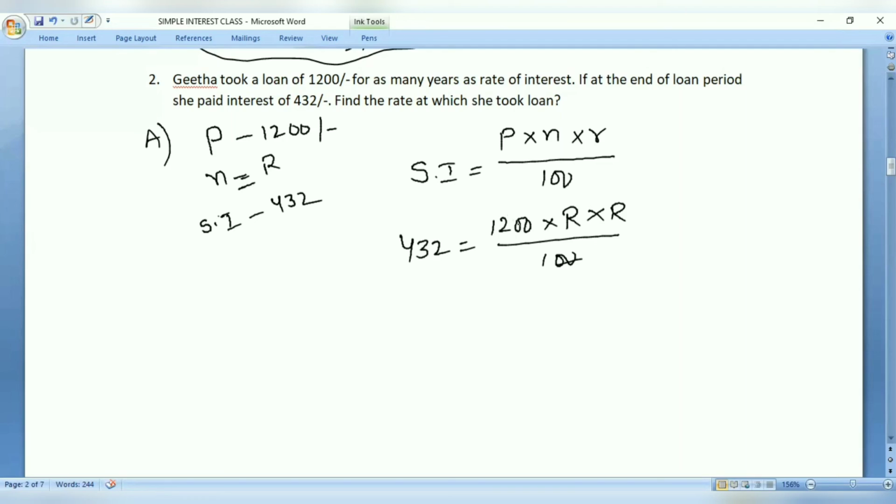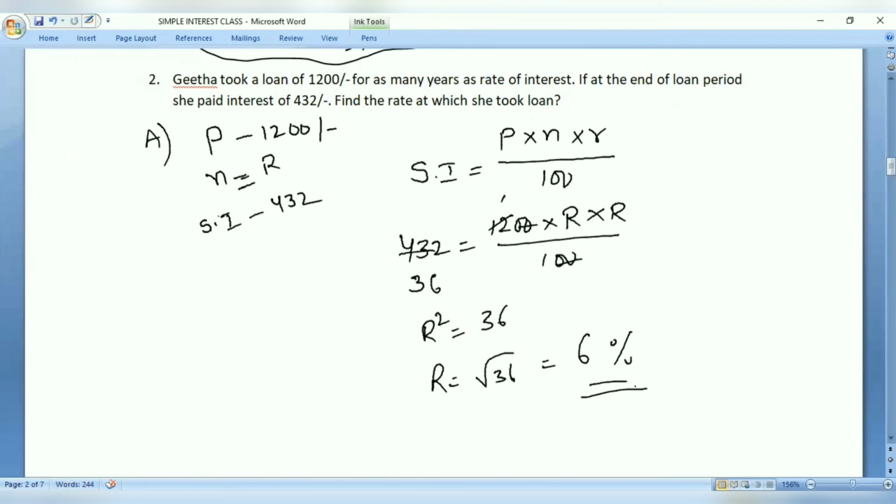So these two zeros cancel. Now 12 ones are 12, 12 threes are 36, 72 means 12 sixes are 72. So R square is equal to 36. What is R? That is root of 36. It becomes 6. So 6% is the interest at which she has taken the loan.